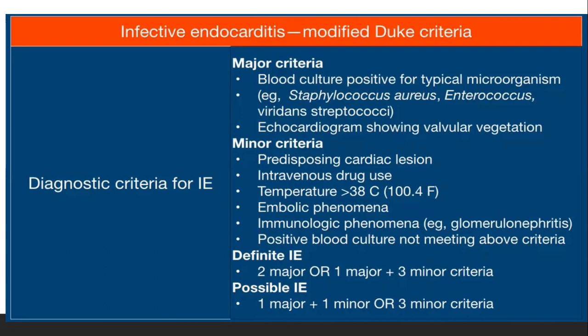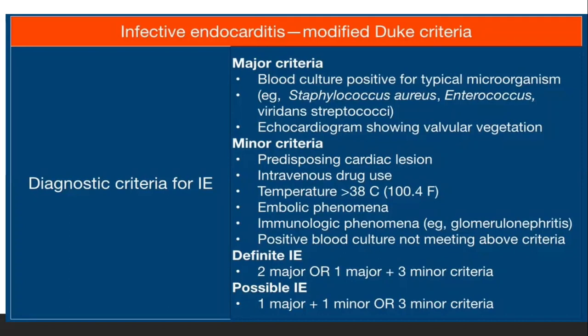Immunological phenomena we have: splenomegaly, Osler nodes. These are immunological phenomena. So presence of embolic phenomenon, immunological phenomenon, that is the clinical features: elevated temperature, intravenous drug abuse, predisposing cardiac lesion, and a positive blood culture not meeting the above criteria.